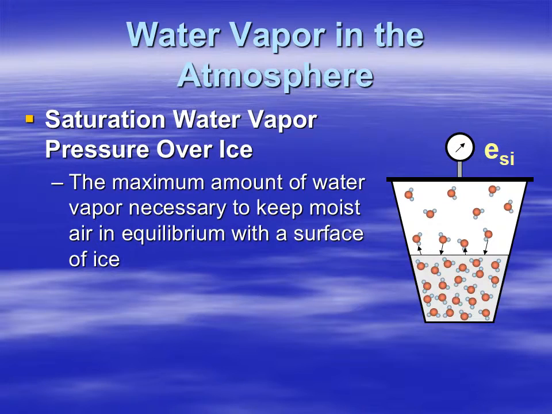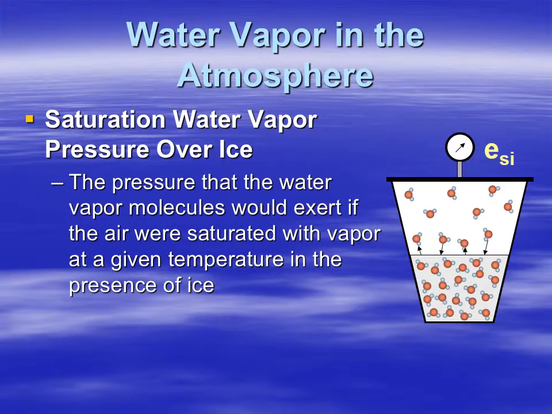You can also do this for ice. There is a saturation vapor pressure over ice. Since ice molecules don't leave the solid surface very easily, it takes fewer water vapor molecules to saturate or reach equilibrium. Not many leaving, not many returning. When the number that are leaving equals the number that are returning, you have saturation, and that is saturation with respect to ice.